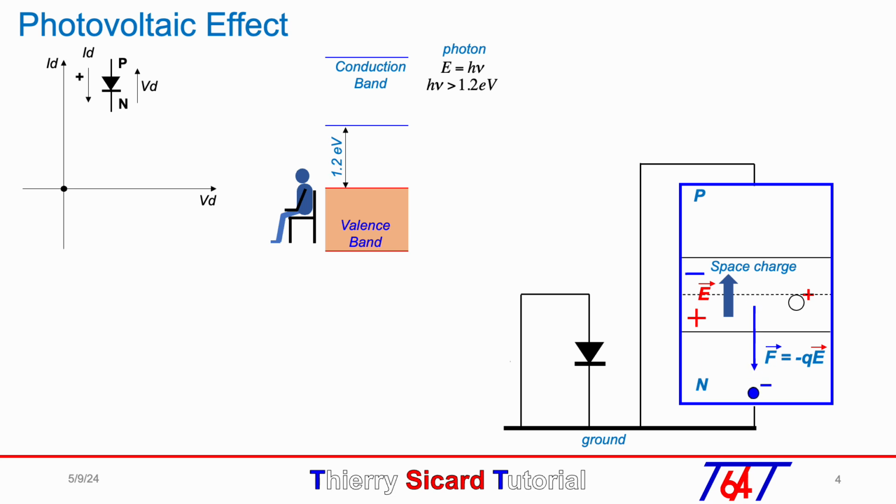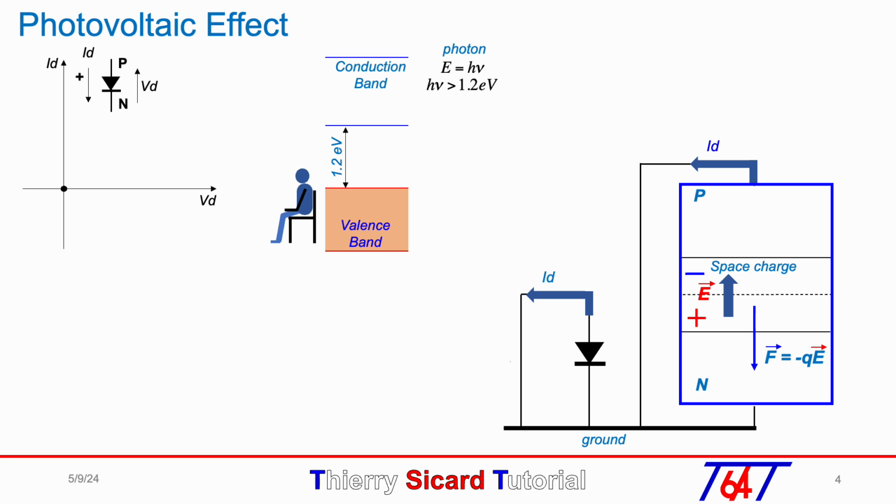An electron from the P side will go into the space charge hole, creating another hole in the P side. The electron on the N side will get out through the external electrical circuit and will come back to the low energy position provided by the lack of electron, or hole, in the P side.